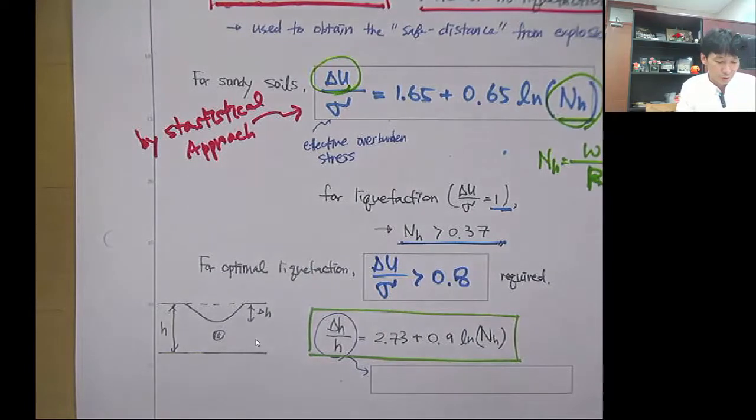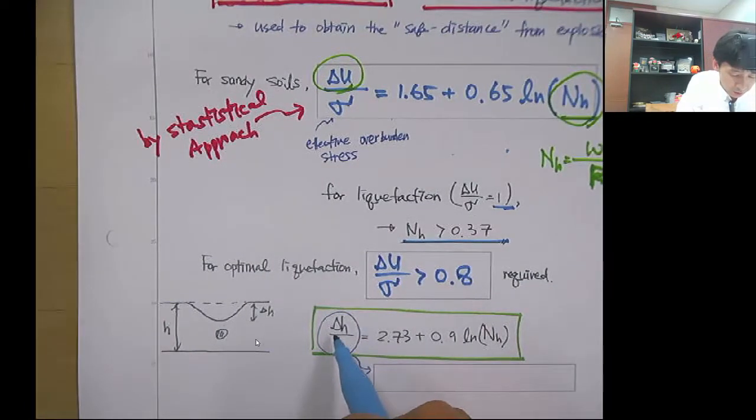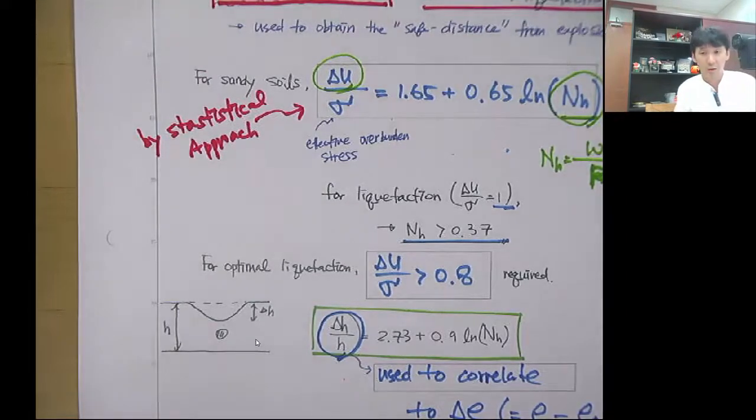And also, this Hopkinson number can be correlated with the crater depth over the thickness of the fill. So here, delta H over H is a function of NH, and this crater depth can be used to correlate to the void ratio change, like e minus e naught.